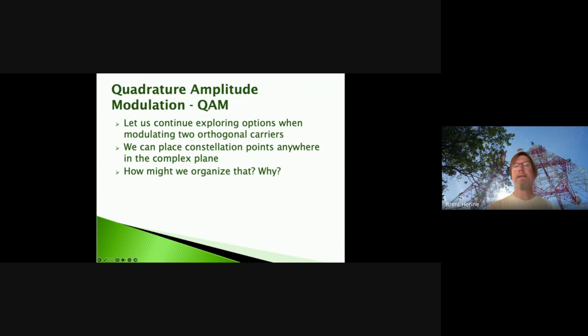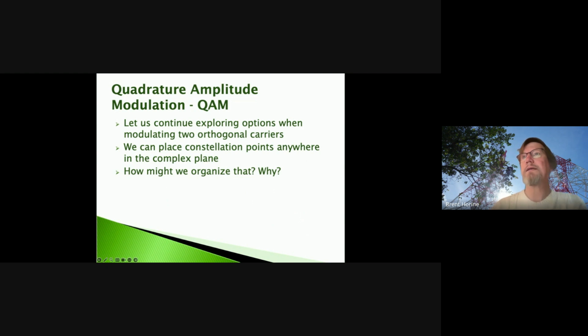Okay, so now let's look at some quadrature amplitude modulation. So we went from PAM, where everything was on the real axis, to PSK, where we started having things in the complex plane, but everything was arranged in a circle. QAM is going to take a little bit from both of those different things, right?